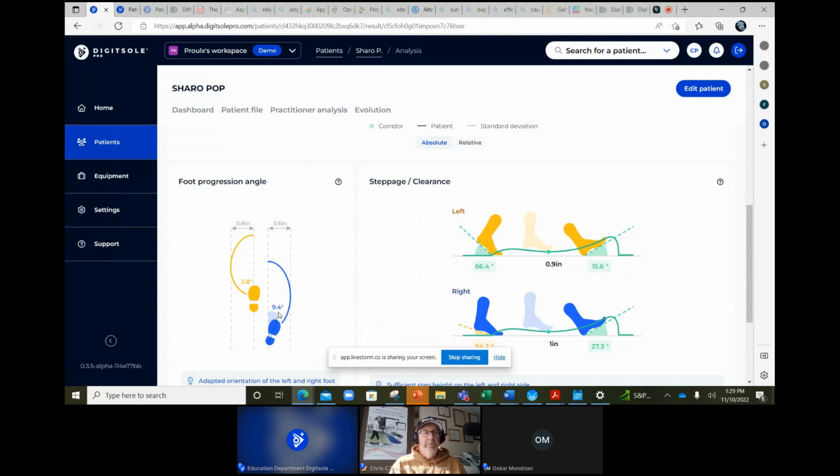You could see standard deviations in the literature out to 15 degrees, but I think what's more important is when you compare the right to the left. If she was at 9.4 on both feet, I would say that could be what's normal for this particular person. But we can see here that she's at 9.4 on one side and 3.8 on the other side. So she's more than twice on that side.